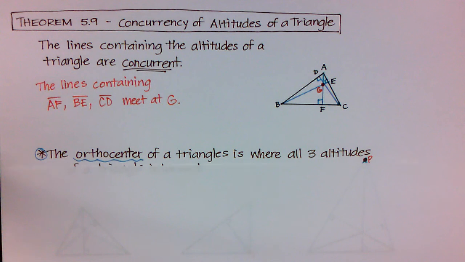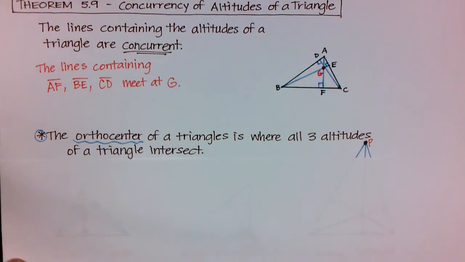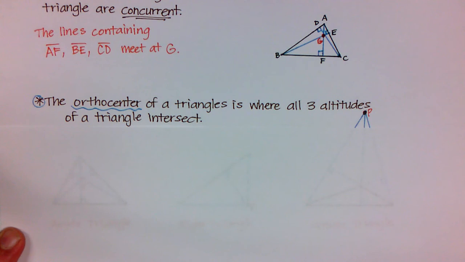And that specific point is called the orthocenter. So don't confuse it with where 3 medians meet. Okay, that's something different. So the orthocenter of a triangle is where all 3 altitudes of a triangle intersect.